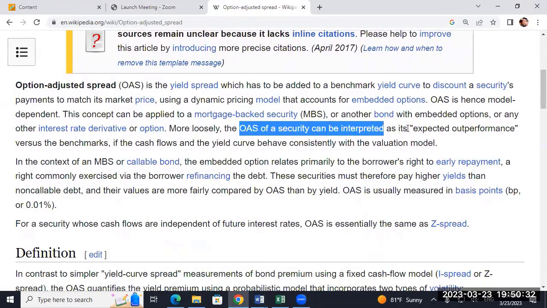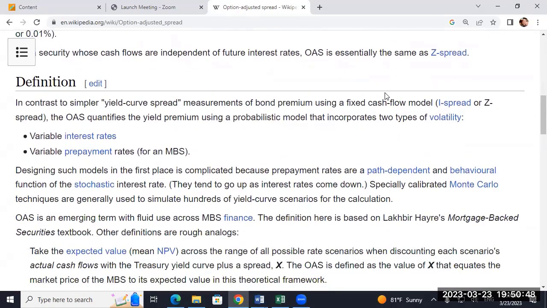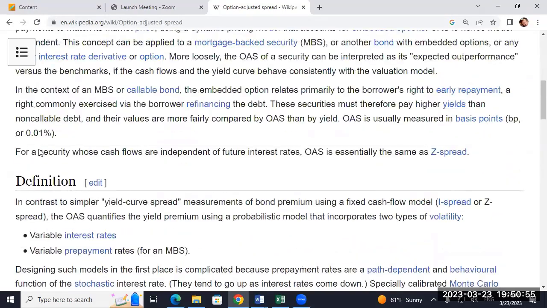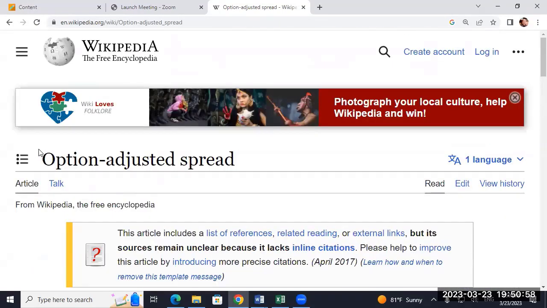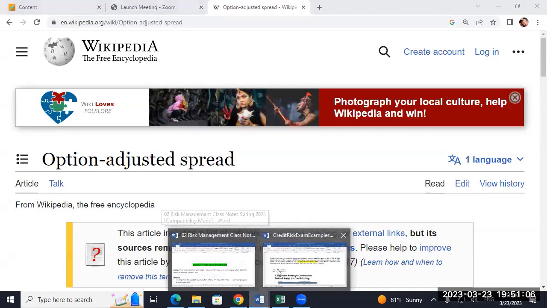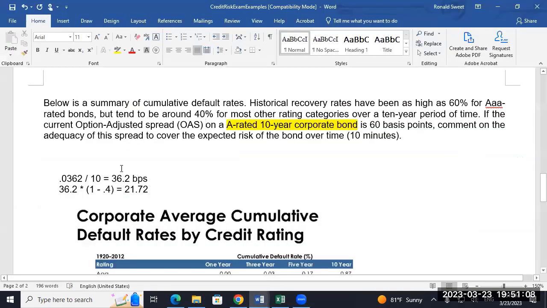So the OAS of a security can interpret the expected outperformance versus the benchmark. They're not actually telling you yet. Yeah, I'm not sure they have the right answer in here. In fact, I think I've seen Investopedia's. So y'all should ask John this. Who's in John's class? Yeah, and Anna, you could ask them.